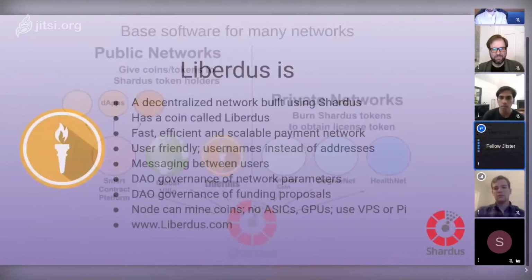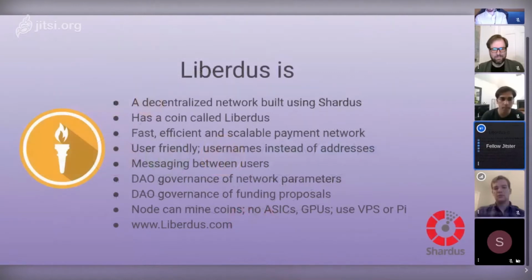So one of the first things that we're going to be building with the Shardus software is a network called Liberdus. And so Liberdus will have its own coin, and because it's built on Shardus, it'll also inherit a lot of the features of Shardus, such as fast transaction times, energy efficient network, scalable network, and so forth.